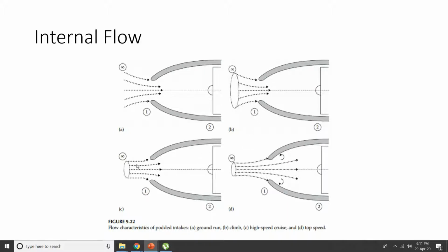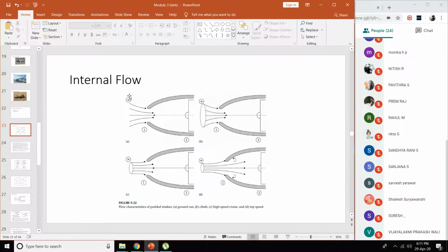Okay, so when it's cruising at a higher velocity, now it becomes almost equal to the diameter, and then your mass flow rate is going inside. So if this is your aircraft inlet and this is your compressor, the amount of air it can suck in is literally infinity.